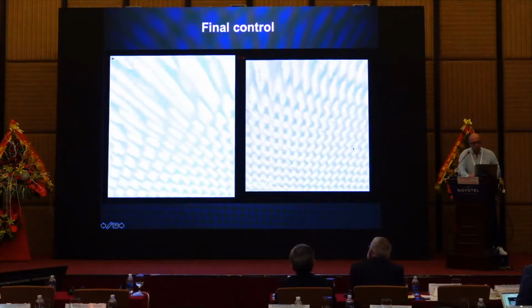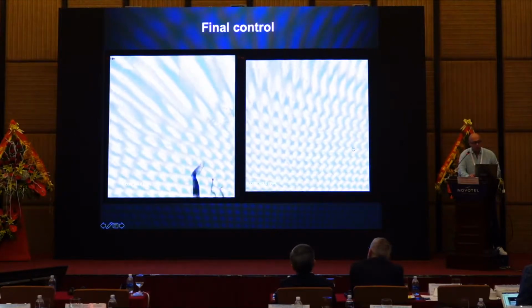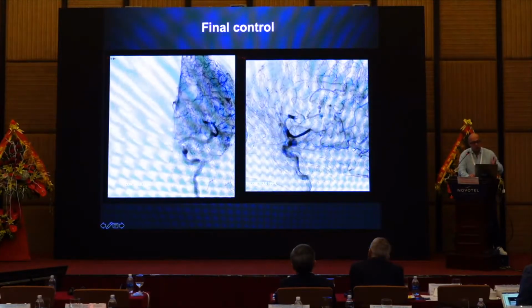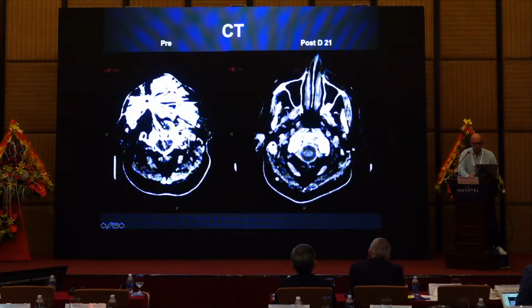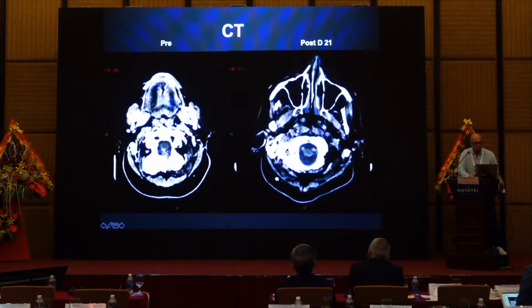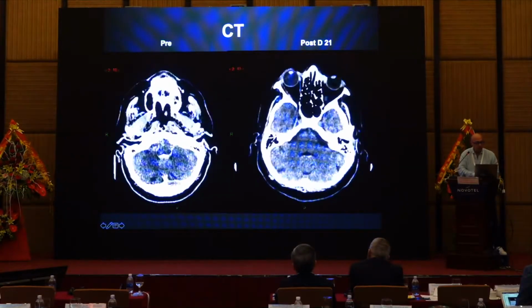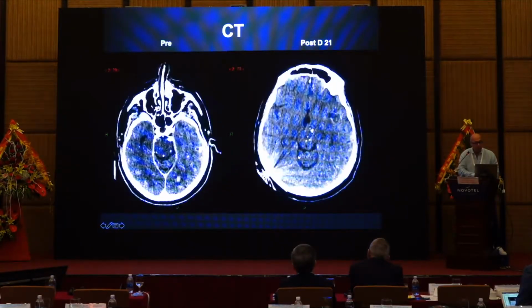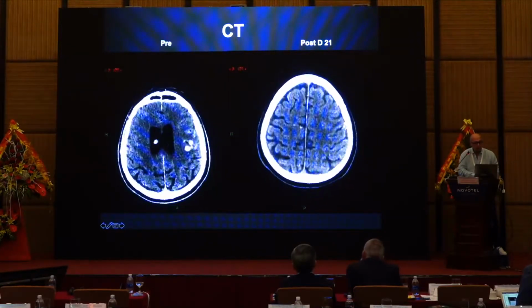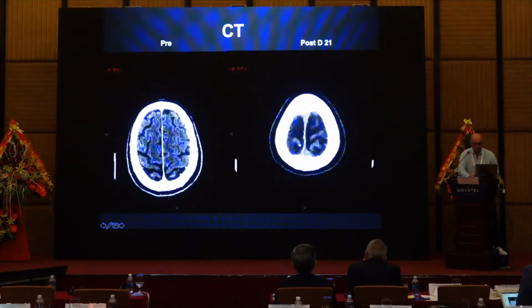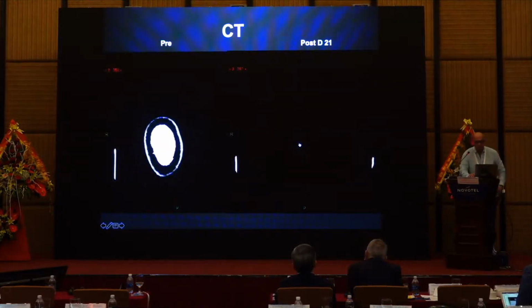And this is one session. You have the final control of this patient within one session, where we reduced almost completely this AVM. And this is the CT of the patient before, and at 21 days, you can see that you do not have any more mass effect on the ventricle, but he had a drain.